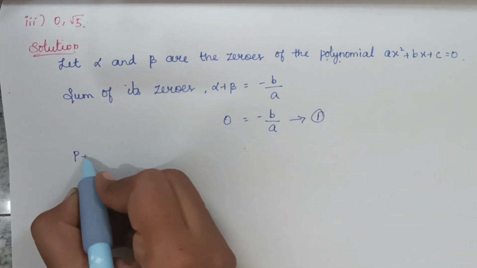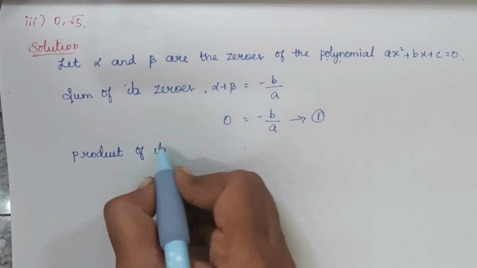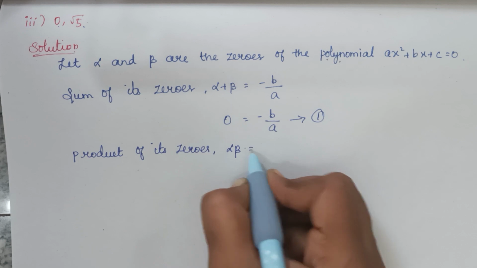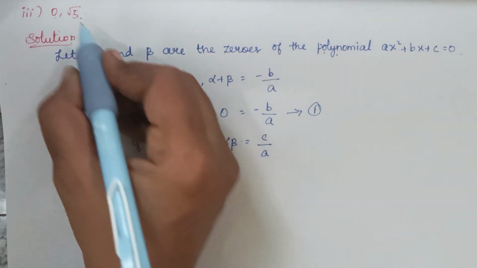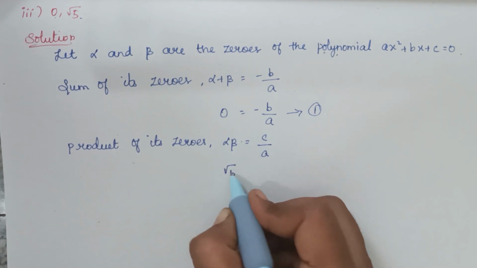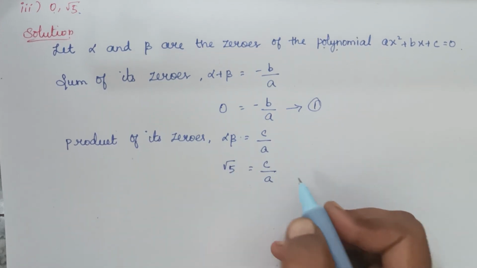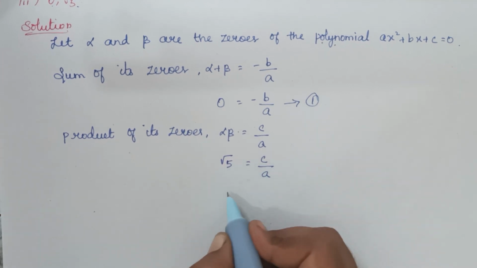Now product of its zeros, that is alpha into beta is equal to c by a. So alpha into beta is root 5, equal to c by a. If nothing is there, we can consider the denominator as 1.